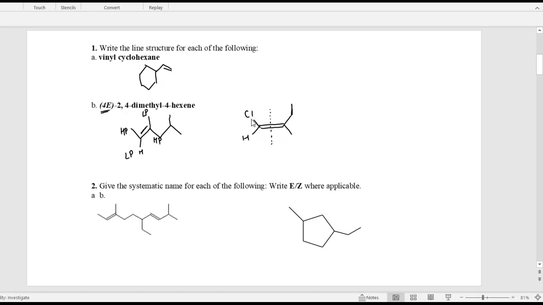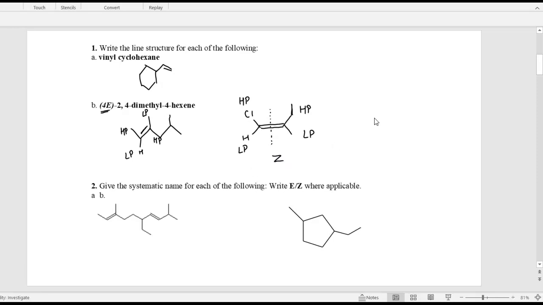Again, priorities are given with respect to the highest atomic number, like we did in Chapter 5. So the higher priority between these two is chlorine, because it's the higher atomic number. So this is my high priority, this is my low priority. Here we have carbon connected to another carbon, so this becomes my high priority, and this is just a carbon, so this becomes my low priority. So here if you look, the low priorities are on the same side, high priorities on the same side, so this will be an example of a Z isomer.